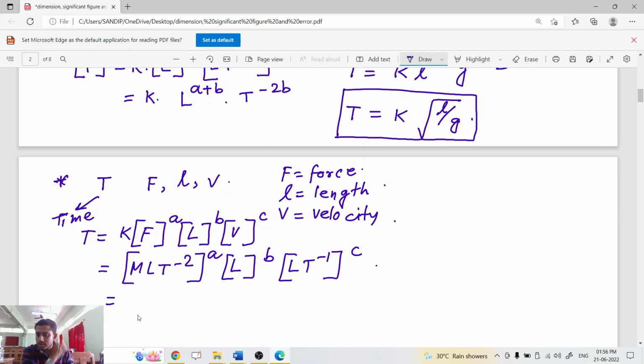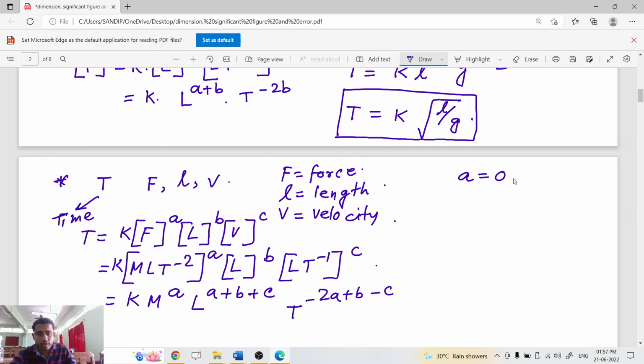Now what is the relation? We get k, M to the power a, L to the power a plus b plus c, and T to the power minus 2a plus b minus c. Comparing both sides, we can easily say that a is actually 0, because on the left side there is no mass.